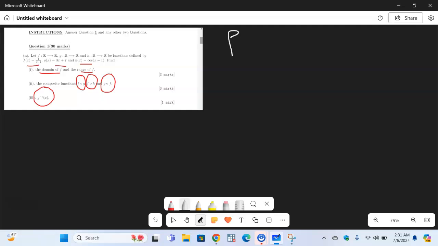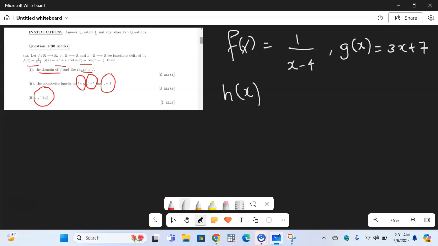So f of x equals 1 over x minus 4. g of x equals 3x plus 7. And then h of x equals cos of x minus 1.